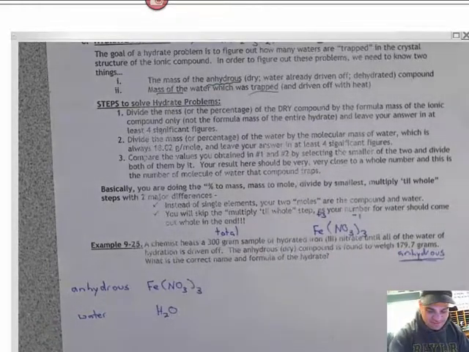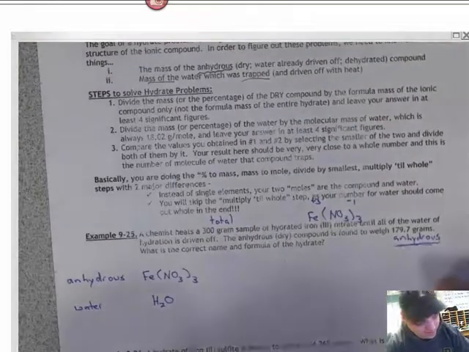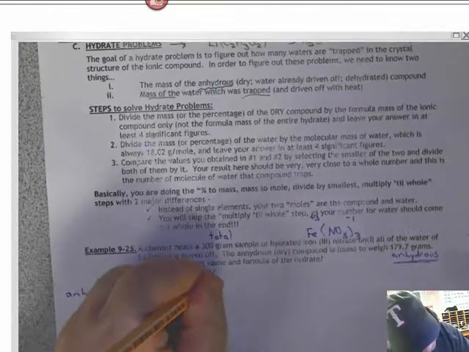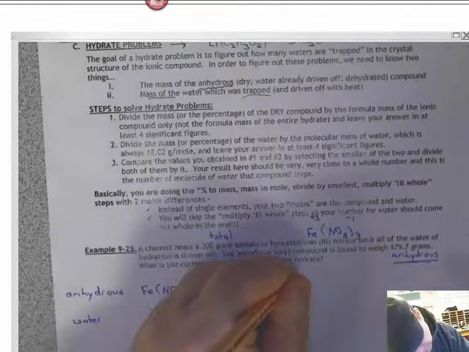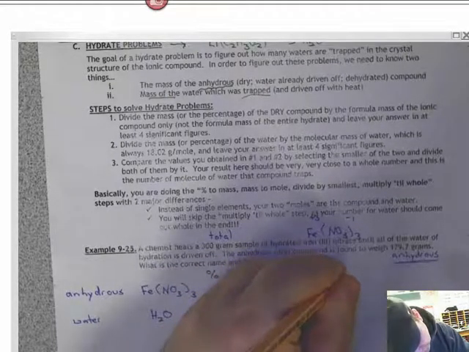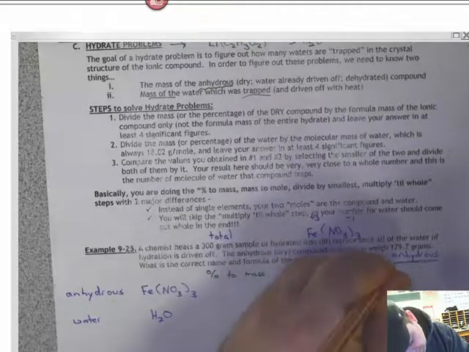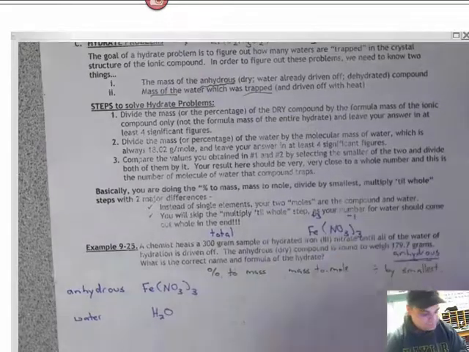Now, the trick to this is knowing what's the total, what's the anhydrous, what's the water. We're still going to do percent to mass, mass to moles, divide by smallest.